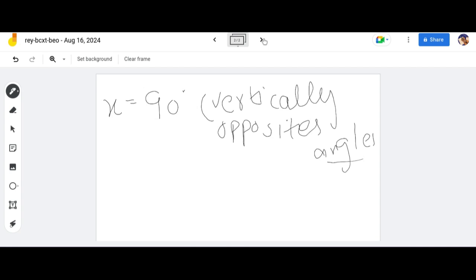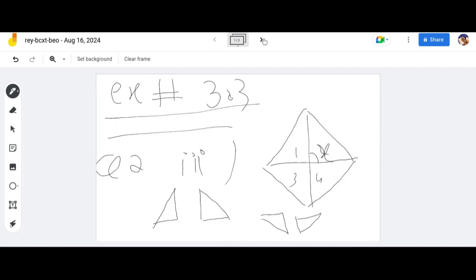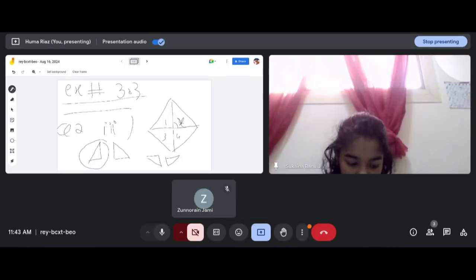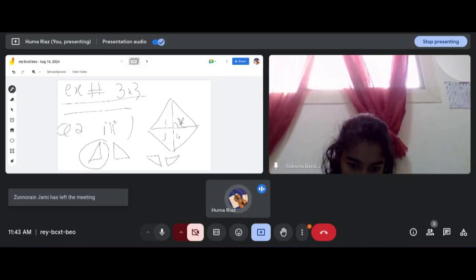Now I have to find the other angles. This is basically a triangle, because the figure is a sum of 4 triangles. If I separate one triangle, what is the property we use to calculate the angles of a triangle? We have to add all the angles. Angle sum property, yes, very good.